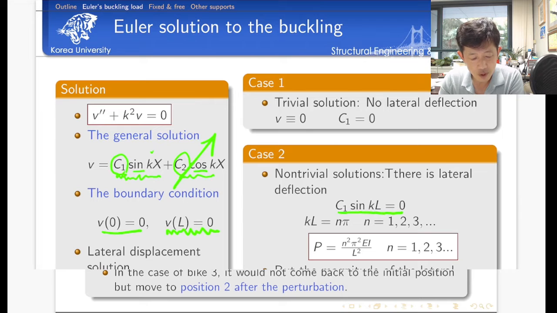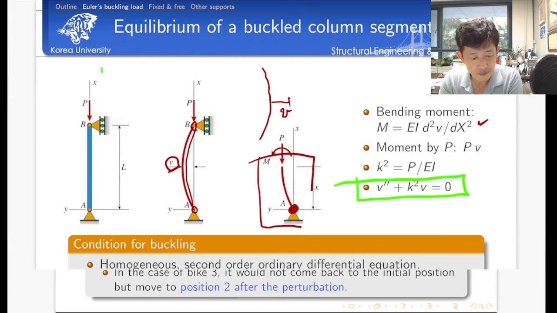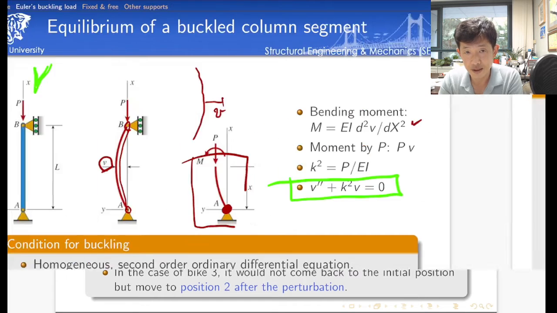If C1 is also equal to 0, so that C1 and C2 are both equal to 0, then v is equal to 0, and this governing equation is naturally satisfied, isn't it? But this is the trivial solution. This condition is exactly the same as the first configuration. There is no buckling. The problem can be studied using the one-dimensional theory, and the stress is simply P divided by the cross-section area.